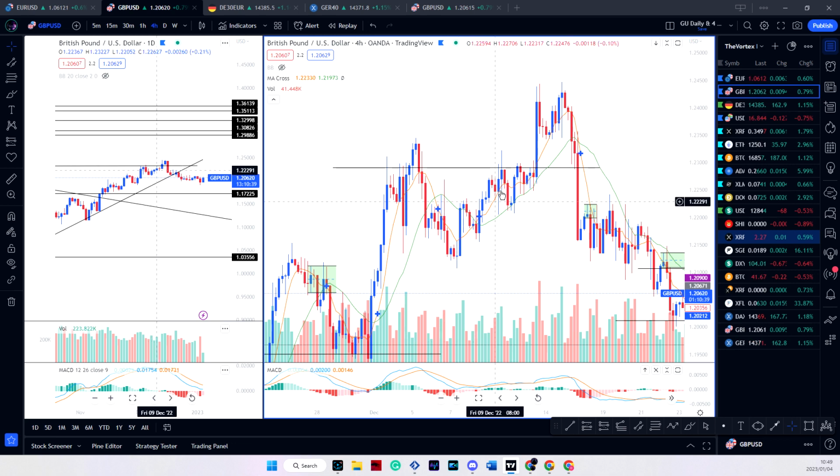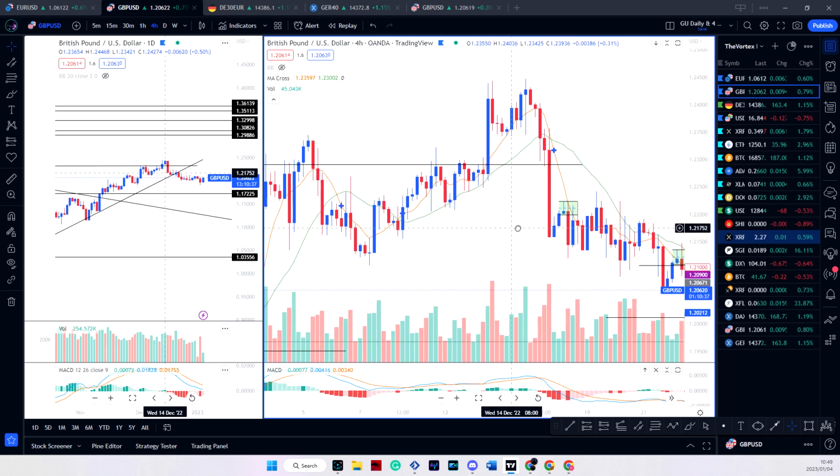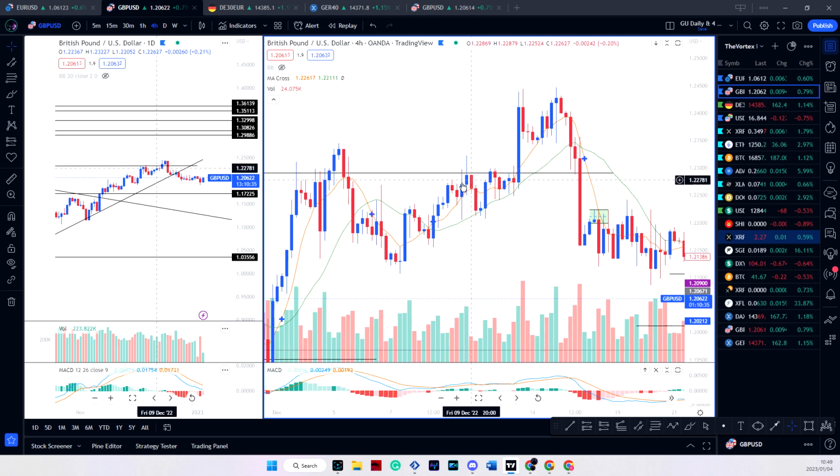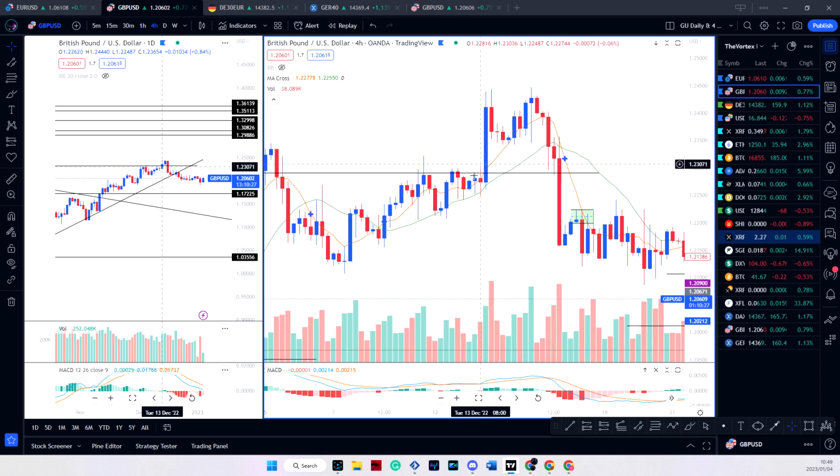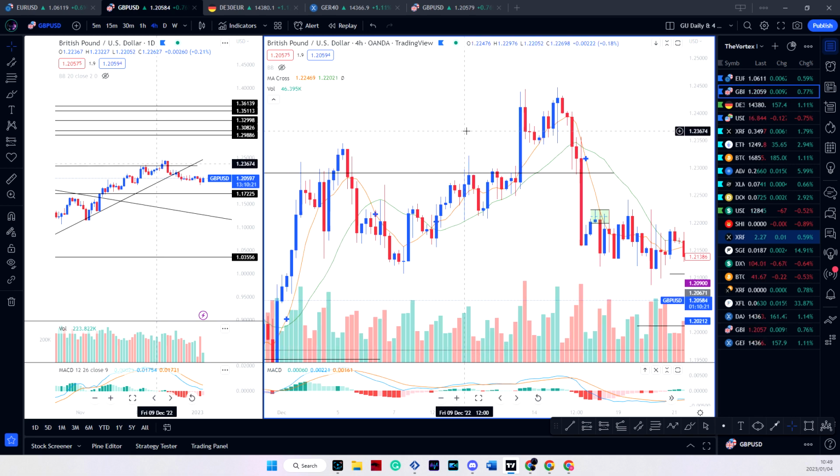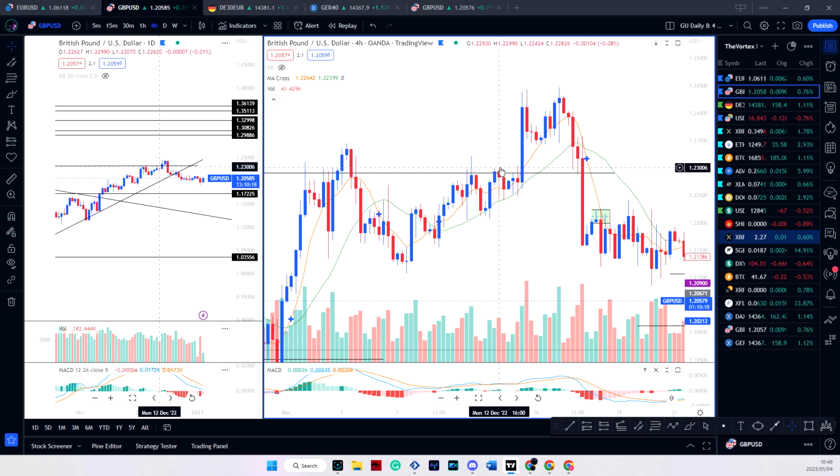Okay, we came up again, we tried to break through it right here, we could not do it, we came off. We tried again, we could not do it, we came off. We tried again. This last wick, this little red candle right here was my order block, because after that we finally broke above it high enough and strong enough to warrant taking a position.